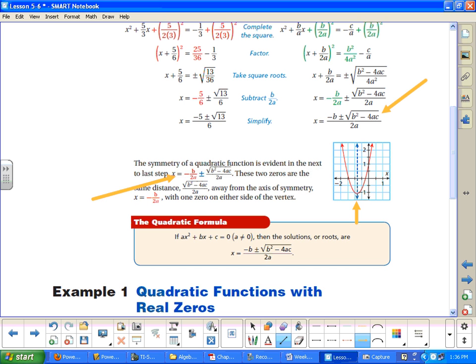Negative b over 2a plus or minus the square root of b squared minus 4ac over 2a. I'm always going to write it that way. All right? In your book, they'll always write it this way. Okay? And it's basically a preference. One reason why I like to do it with them pulled apart is sometimes simplifying it is easier that way too.